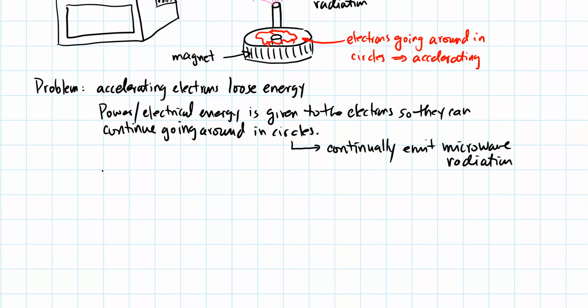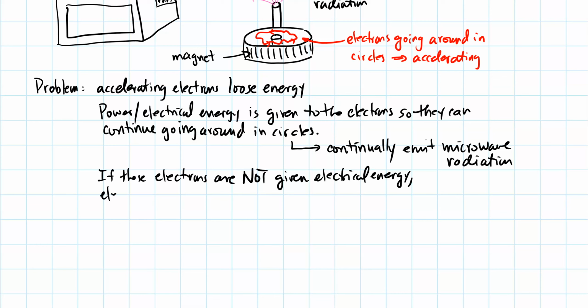In other words, if these electrons are not given electrical energy, electrons will crash into the central post and stop moving.